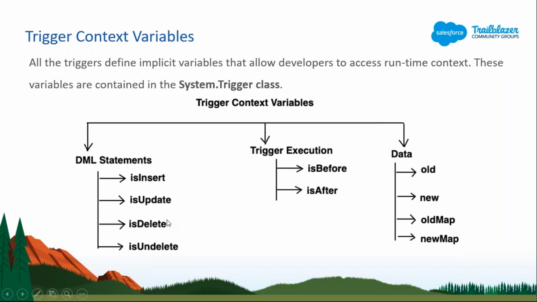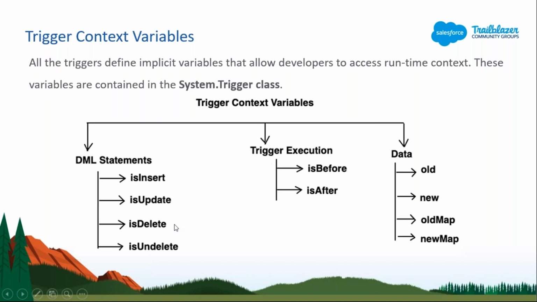When we upsert any record, the insert and update actions will be fired, because upsert is a combination of insert and update. So whether you perform upsert, insert, or update, the insert and update events will be fired. And when you perform a merge, it will update one record and delete the other record.